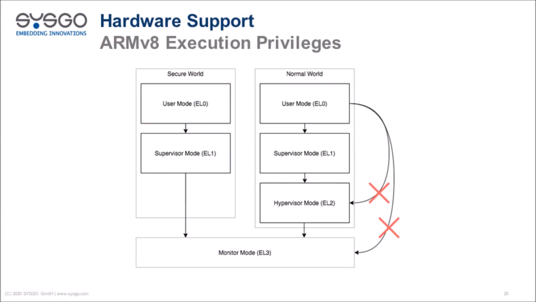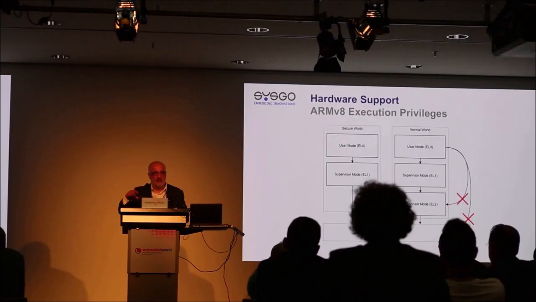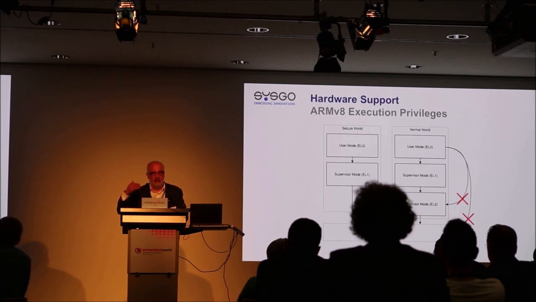The hardware is actually helping you for that, because if you take ARMv8, for example, you have different privilege levels. You have the supervisor, which is classic, that's where the Linux kernel is running. You have the user level, that's where a Linux application is running. And then the last level below that is the hypervisor.